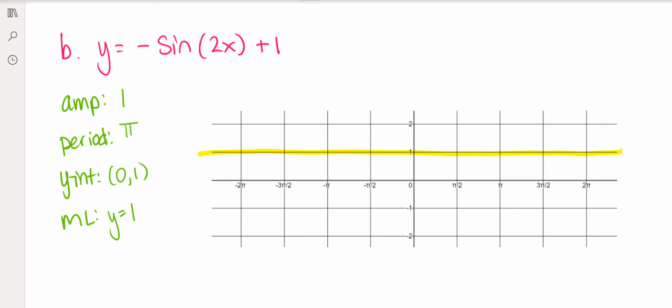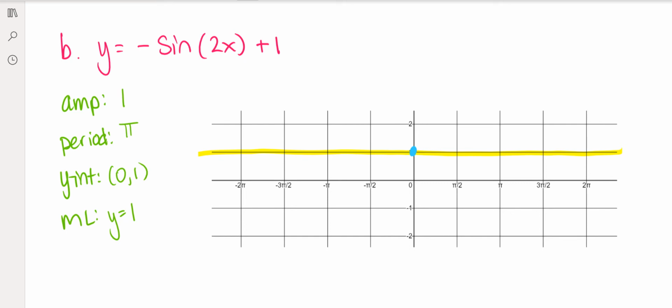Now what? Okay, yeah, the y-intercept, which is 0, 1 on the midline. And it naturally goes right on the midline, you guys. It's very nice. What about the period?